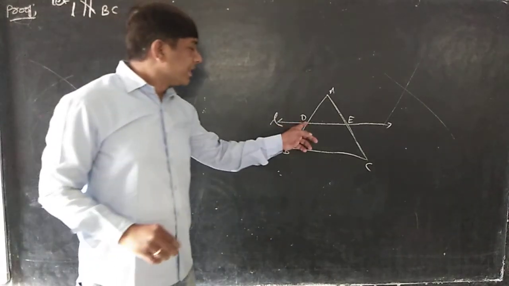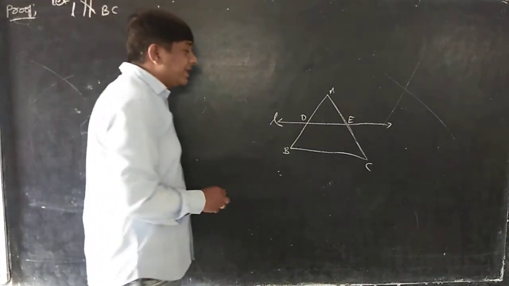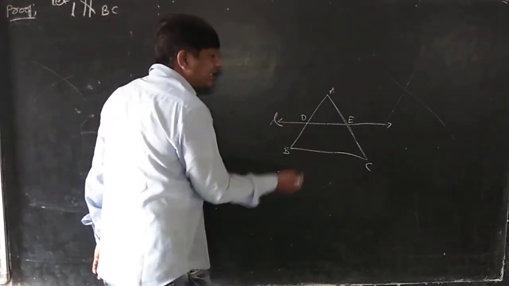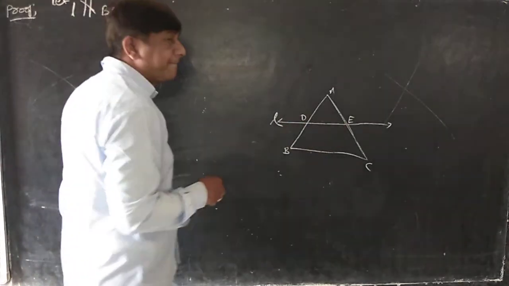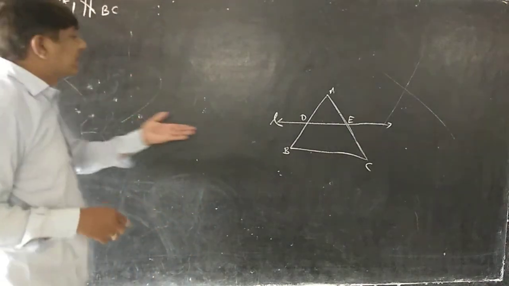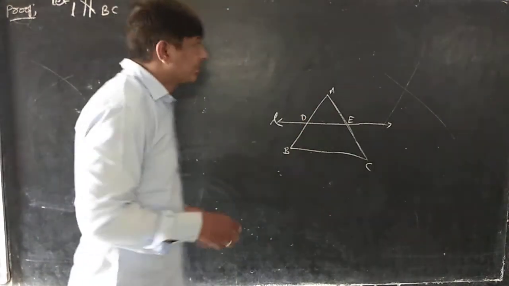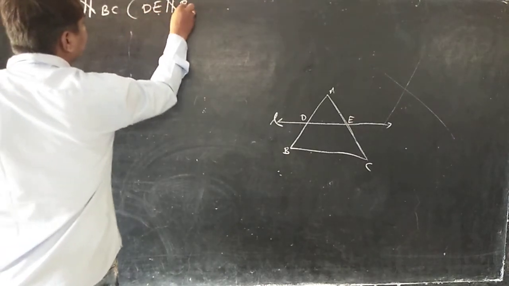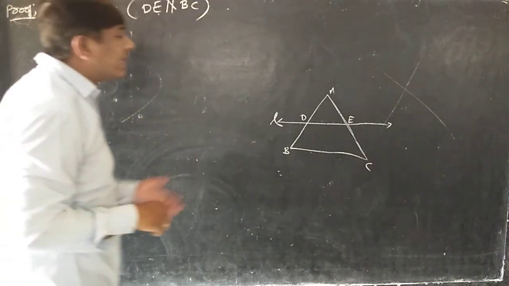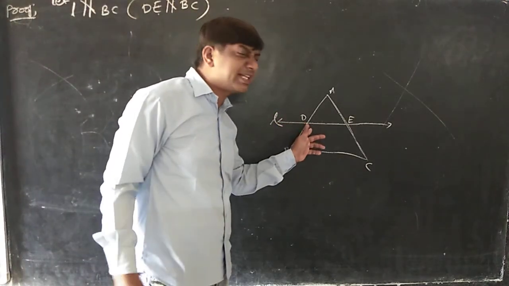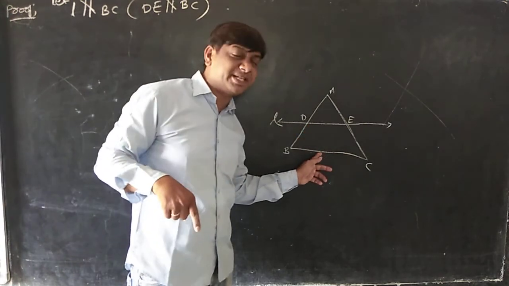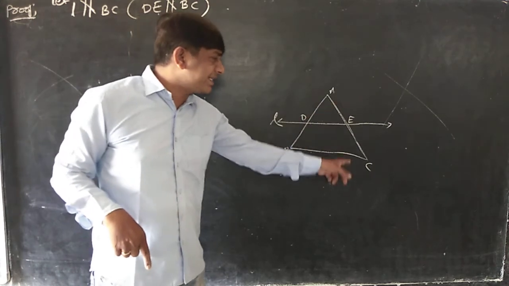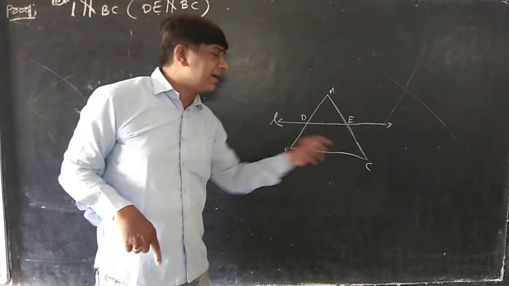L is not parallel to BC means from this D point there will be one line which is parallel to BC. That is nothing but DE is not parallel to BC. From this point D on AC, many lines will exist.